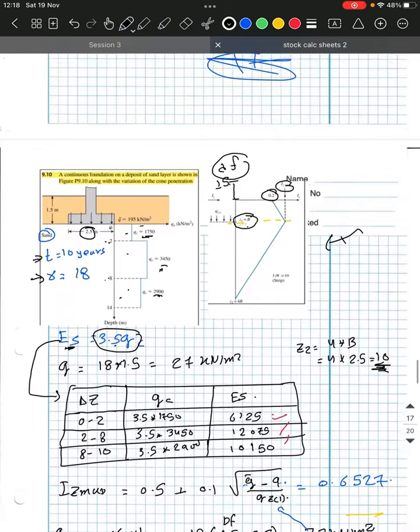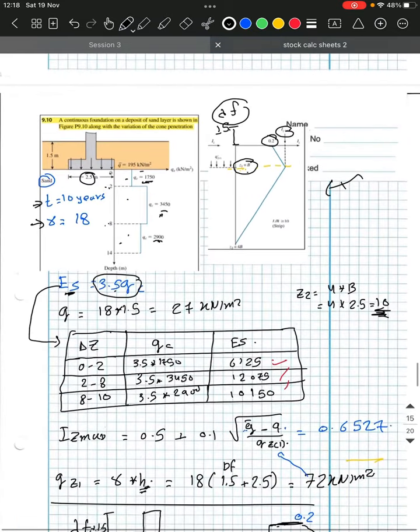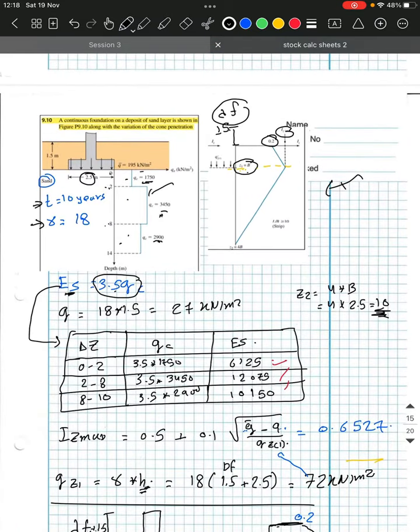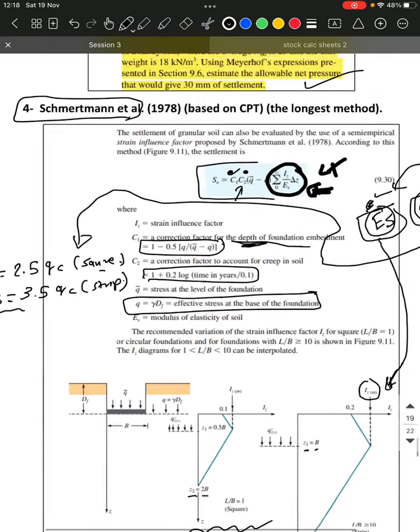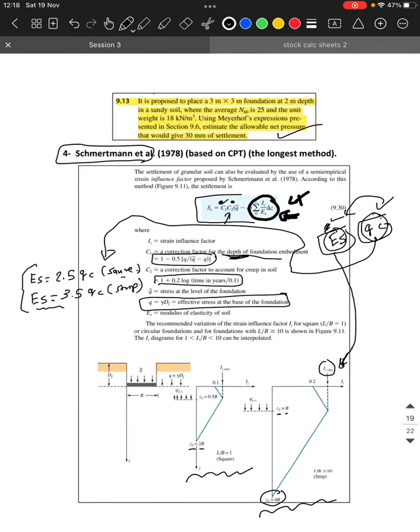Again, let's review whatever we've done. Basically, I have a question. He gives me QC, and I know that QC and ES are related. How are they related? Because for strip footing, ES equals 3.5 QC. Remember, if he gave you a square footing, you have to substitute 2.5, and your chart becomes different.